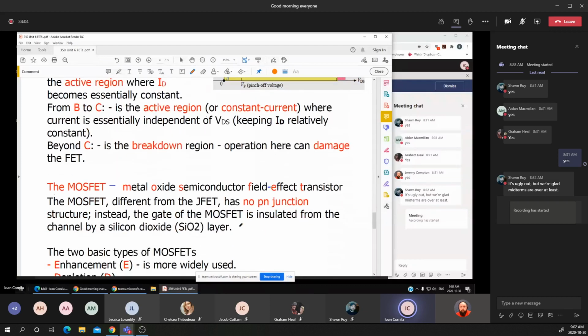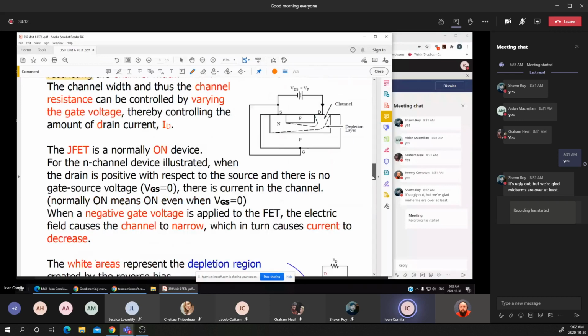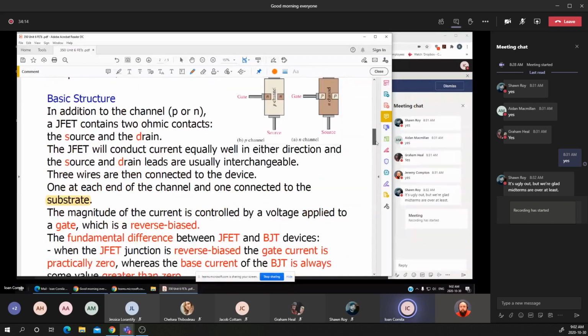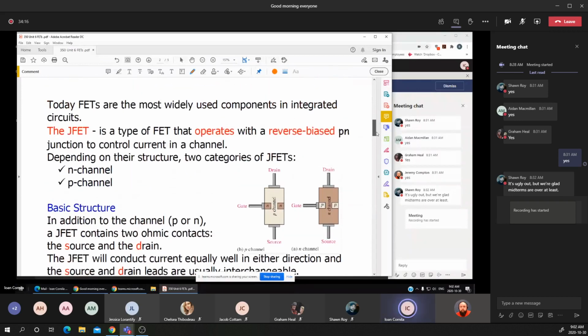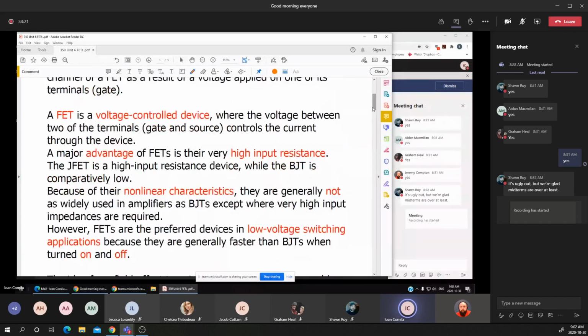Now, before I go to the second type, which is the MOSFET, I may go back to this observation here. I said that an FET, JFET or MOSFET, is a voltage controlled device.